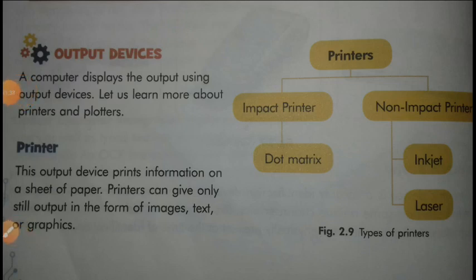This output device prints information on a sheet of paper. A printer can give only still output in the form of image, text or graphics. Printer gives output on a sheet of paper.